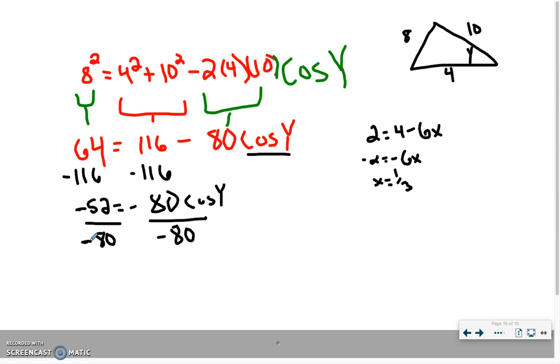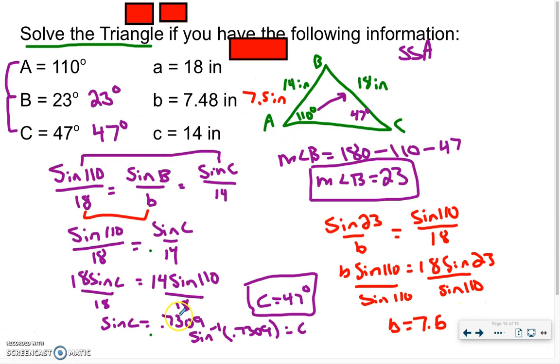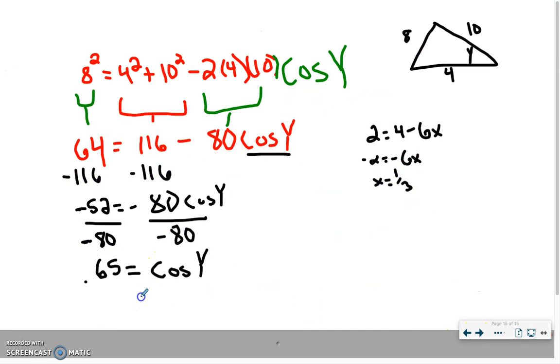So we take negative 52 divided by negative 80, and we get a decimal of 0.65, which is equal to cosine of Y. Just like in the last one where we got this decimal of sine of C equals this, we need to now do the inverse, but instead of sine, we're going to use cosine inverse of 0.65, giving us our value for Y. So therefore Y in this case would be equal to 49.5 degrees.